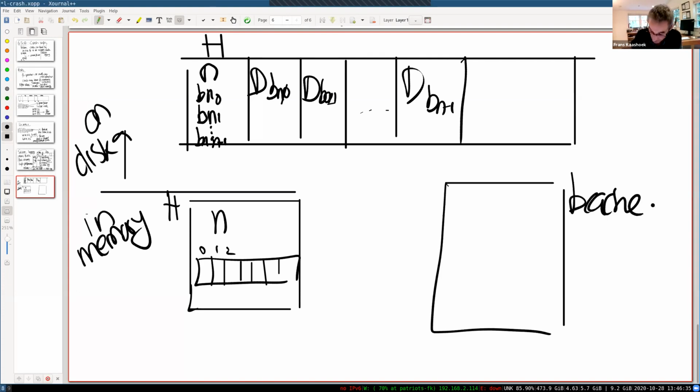Let me take a more concrete example that lines up with our previous one. Maybe this is 45. Somewhere in the block cache there's of course block 45, and here's its data.